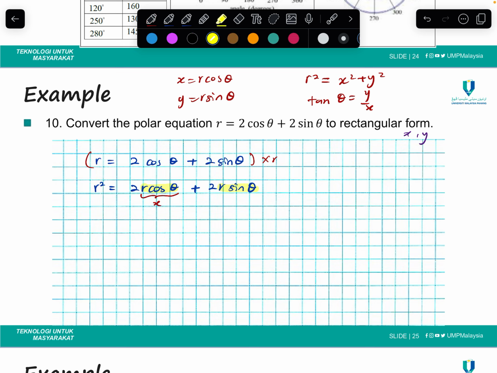And you also have r sin theta, so this can be replaced by y. And for r squared, this can be replaced by using the formula x squared plus y squared. So we replace everything on the left-hand side and the right-hand side. Now your variables are no longer r and theta but x and y. So you are good. This is the rectangular form.